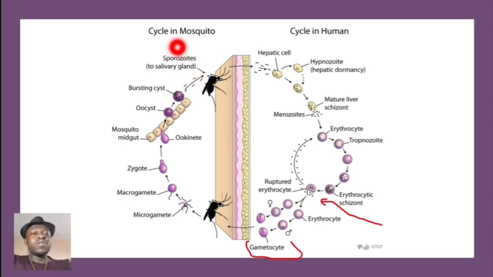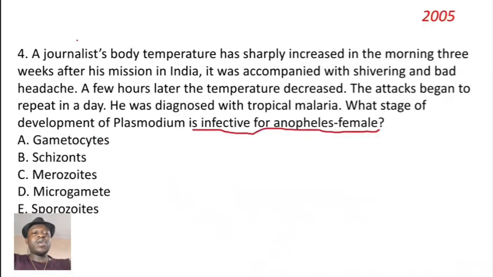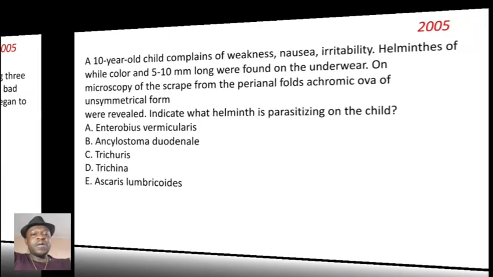So the sporozoite is the infective form for humans, and gametocytes are the infective form for the mosquitoes. I hope you understood that. So here the answer is gametocytes. Next question.